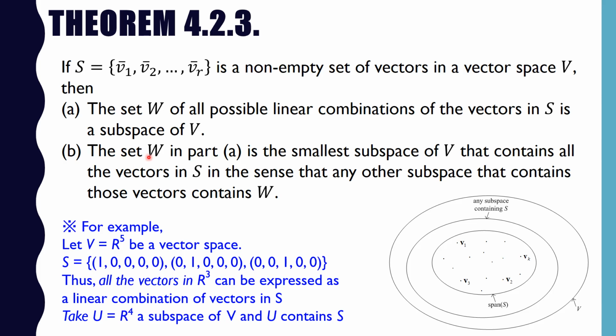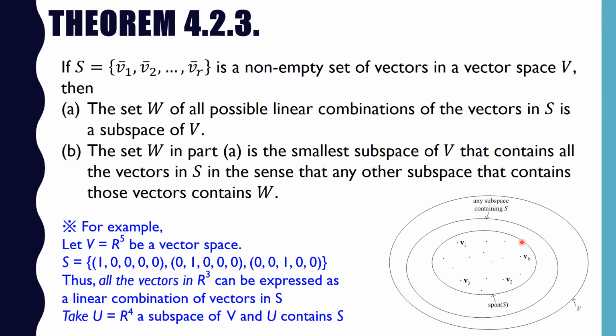So the set R3 is the smallest subspace of R5 that contains all the vectors in S, in the sense that any other subspace R4, for example, that contains those vectors contains W.